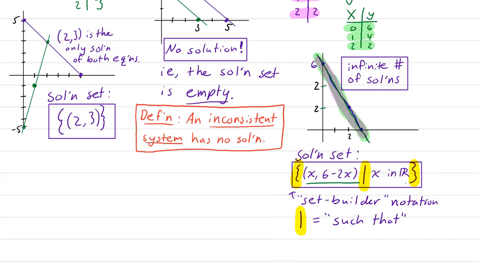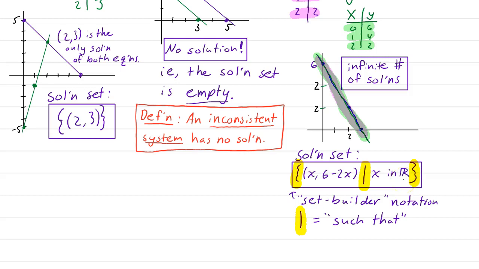The braces mean the set of all of these objects such that this other thing is true. So this is another way of saying the set of all points of this form where the x coordinate is just x and the y coordinate is equal to 6 minus 2x. So the set of all coordinates of that form where x is any real number is another way to read this.